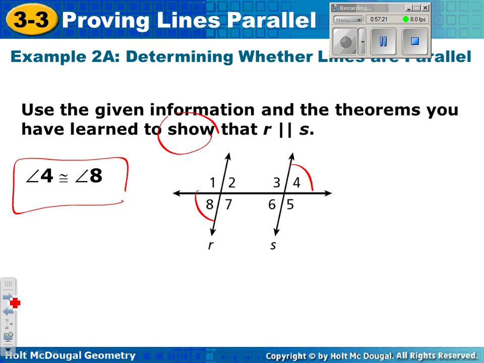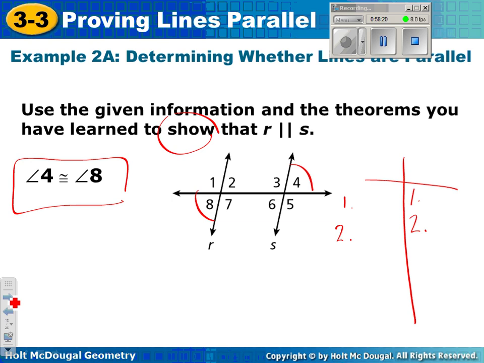But how many steps would be in this proof? 2. Okay, so this would just be a 2-step proof.